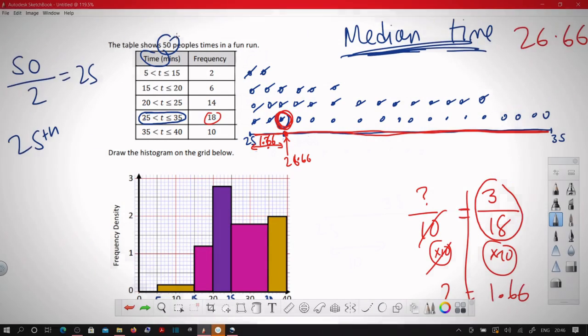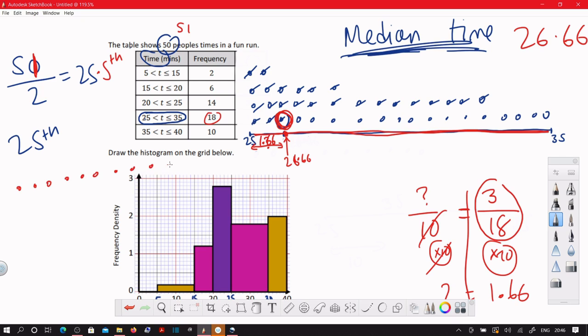What if there was an awkward situation where there are not 50 people but 51 people? Then when you wanted to work out the median, 51 divided by 2 would be 25.5. You'd be looking for the 25.5 position. If I look at that row again, you've got 18 altogether. Your 25.5 position would be right here, between the 25th and 26th.